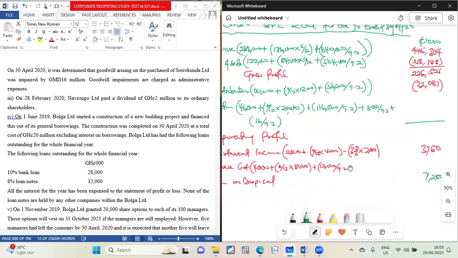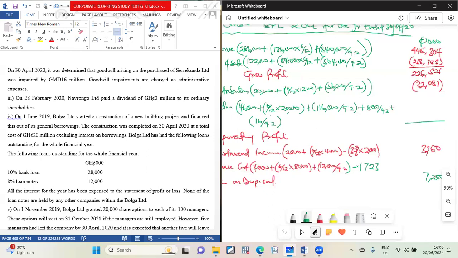So after we close this, minus 1723. It's already in cedis. So we need to take that thing out. All right. And the borrowing cost, we know that once we do that, only the expense part will be there. The borrowing cost is actually supposed to be part of the cost of the asset.